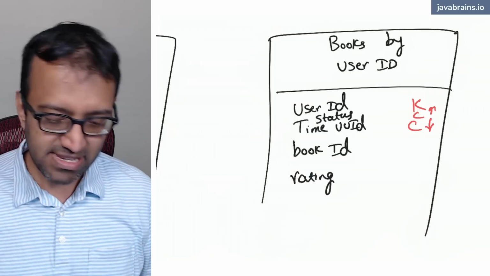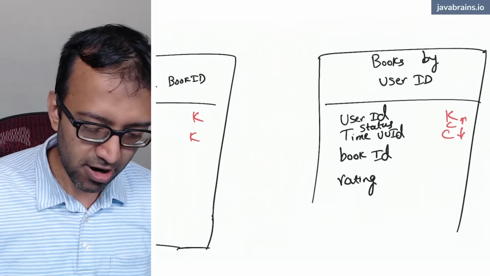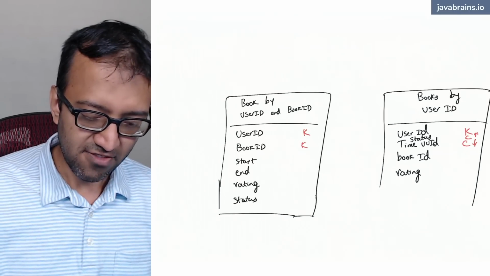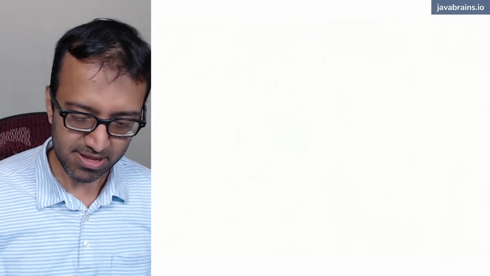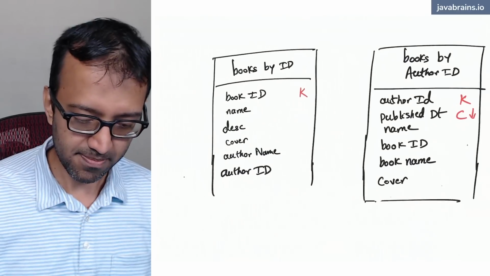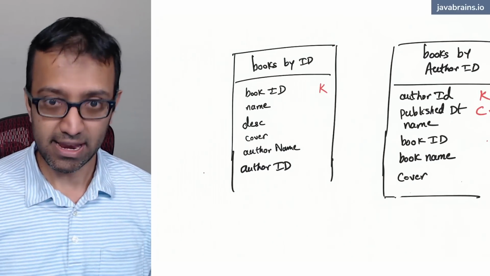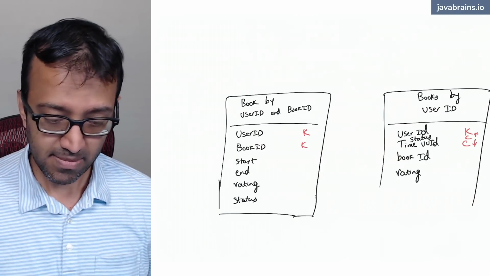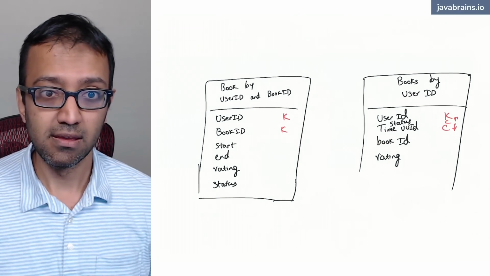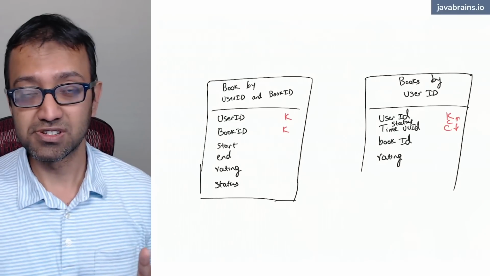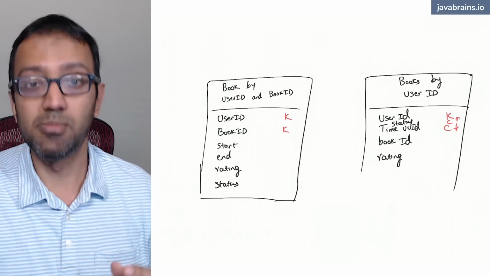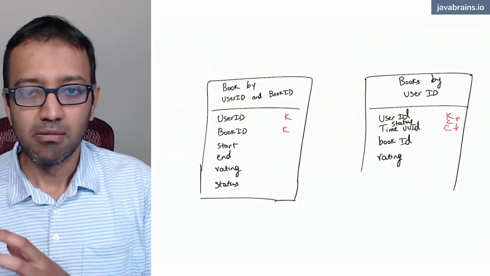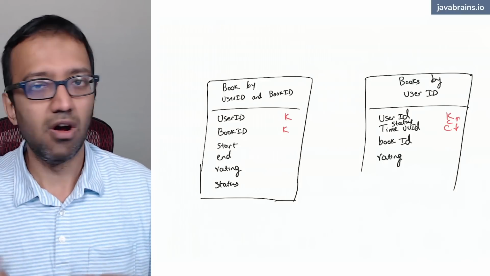Okay, so these are essentially my four Cassandra tables. We've got books by ID, books by author ID, books by a given user and book ID, which is to show the user information on a book page, and then books by user ID for all the books.